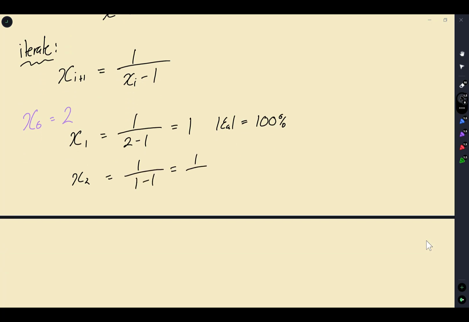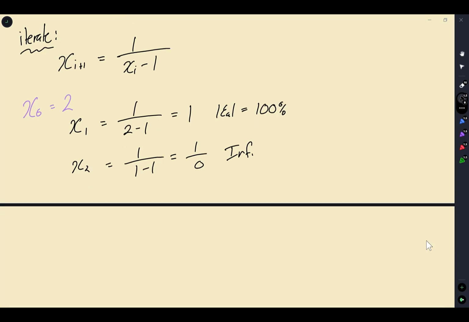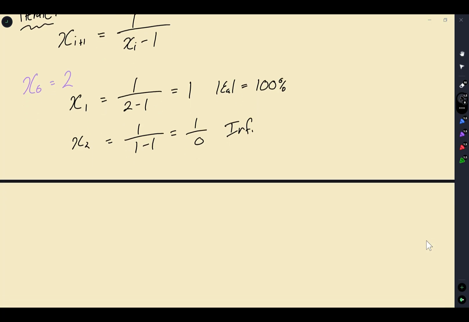You would get 1 over 0, which is basically infinity, so we can't really continue with that. Technically, we could put in 1 divided by infinity minus 1, end up with a 0, and then continue from there.